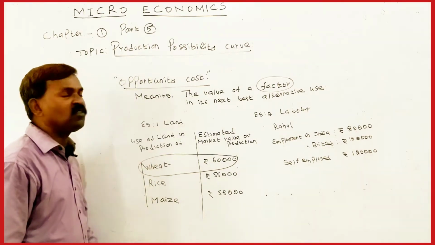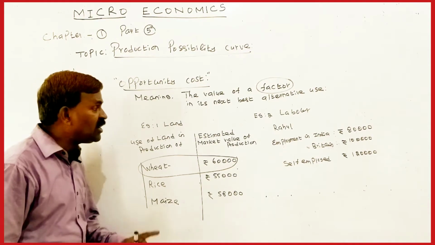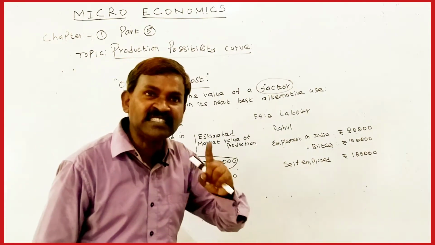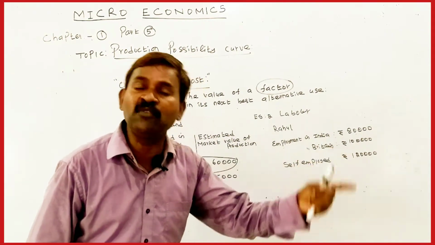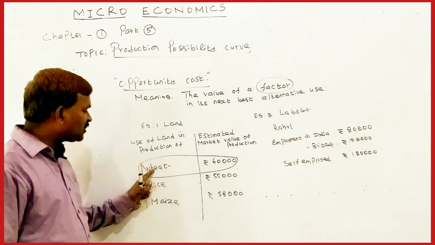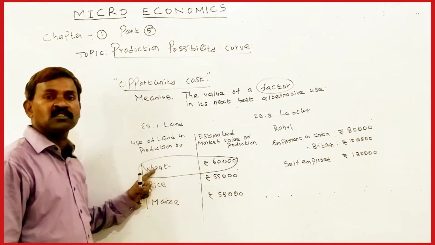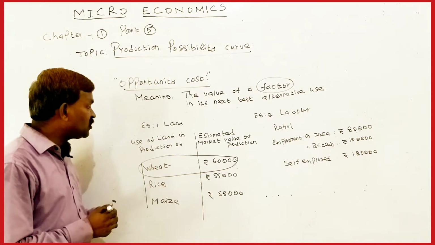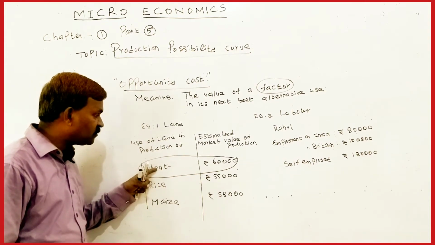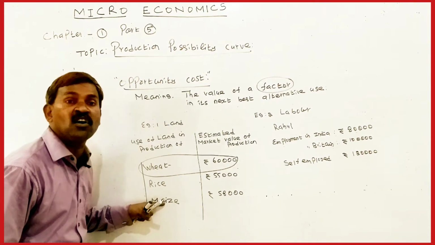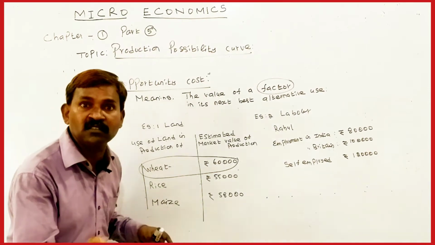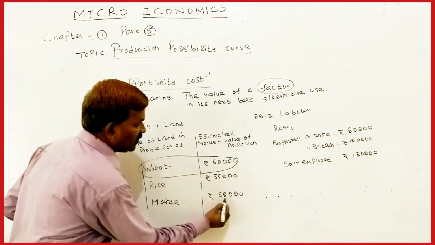But what is the meaning of opportunity cost? The value of a factor in its next best alternative use. Because of his decision to use the land in the production of wheat, what is the next best alternative use that he is losing? 58,000.